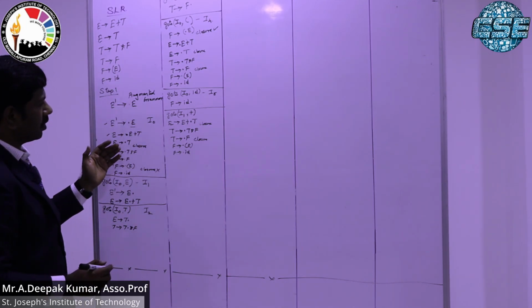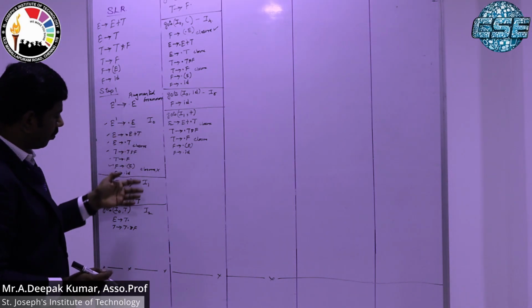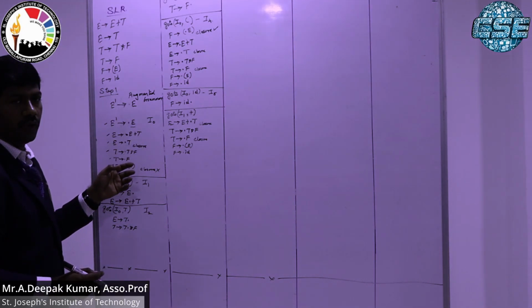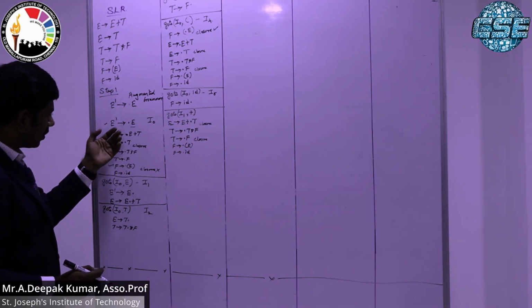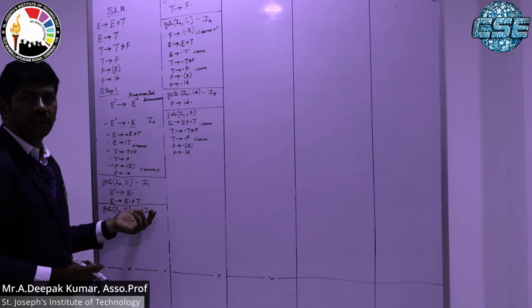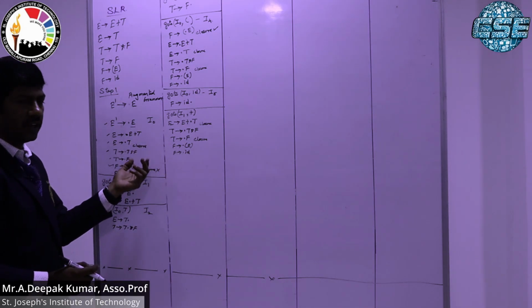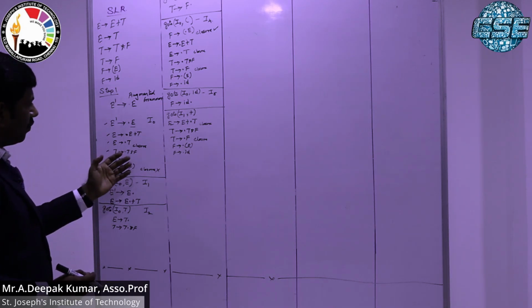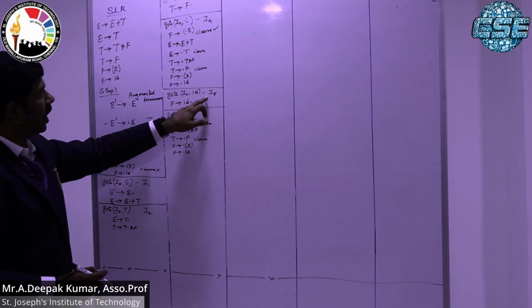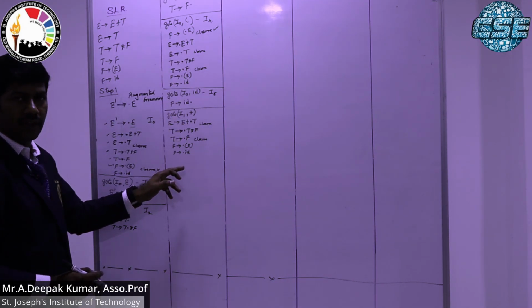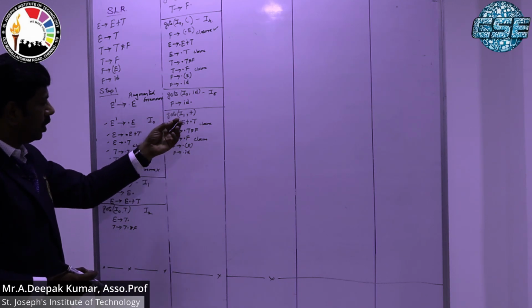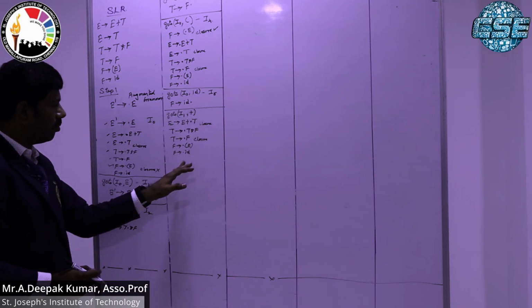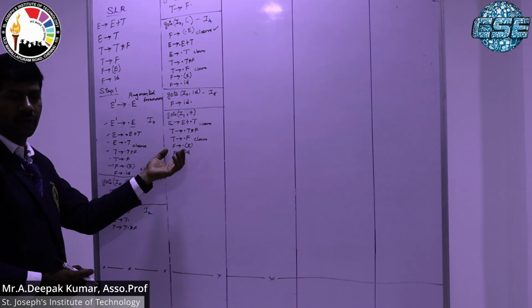Since we extracted I1, I2, I3, I4, these states from I0, we have not checked whether there are any occurrences of the same items. Before naming these states I4, I5, I6 like this, you need to cross check whether you have the same set of items.